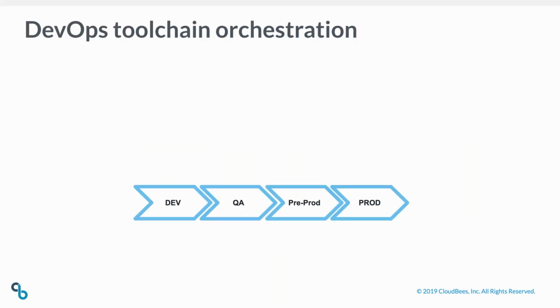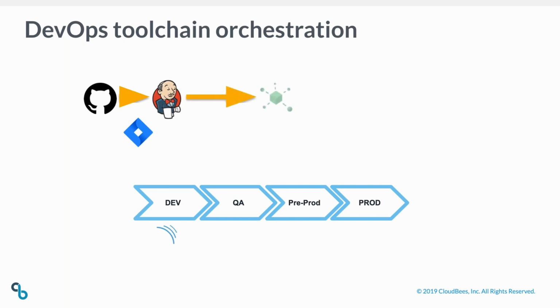So as we look at how this DevOps tool chain fits together and the different components that encompass it, walk us through this, Sunil, and help us understand specifically how this orchestration takes place. Sure. So what you're seeing here really is a suite of tools that dev teams use today, and they're pushing code from dev to QA to pre-prod to production.